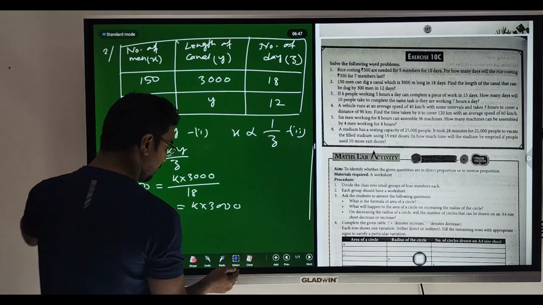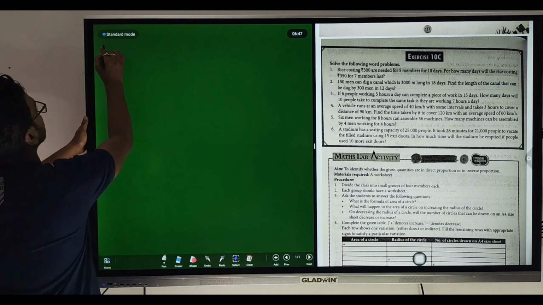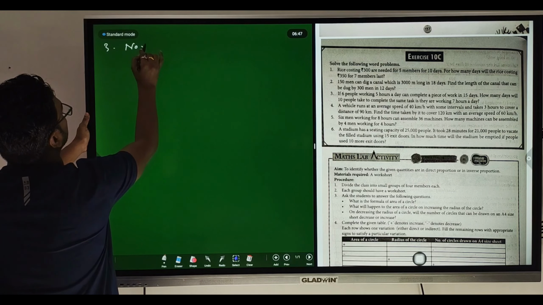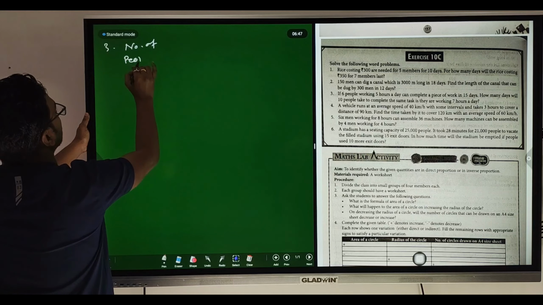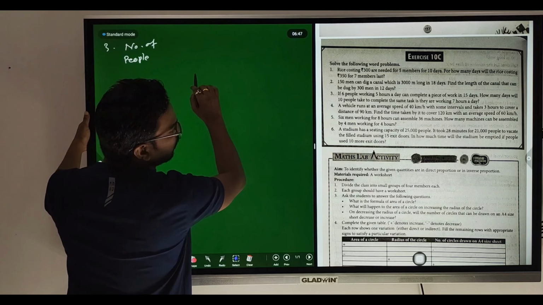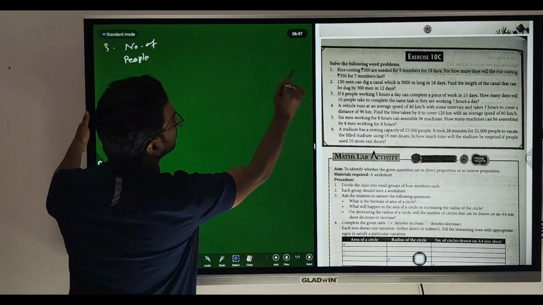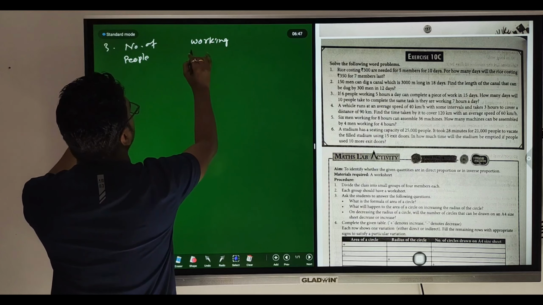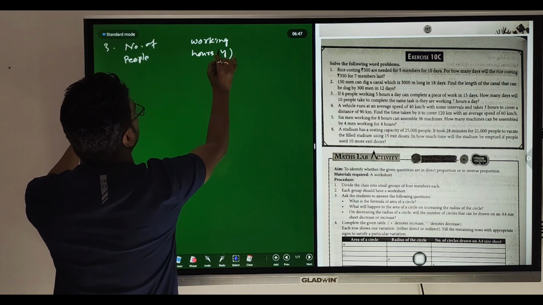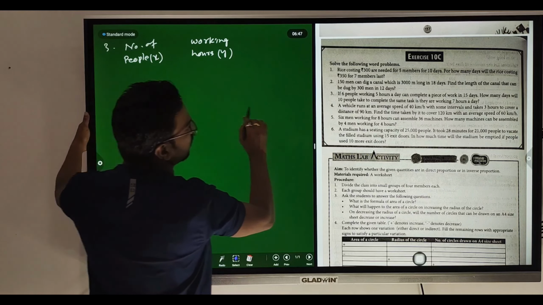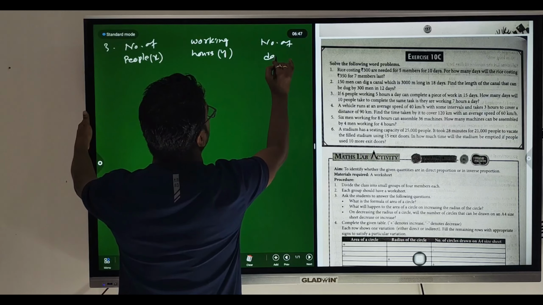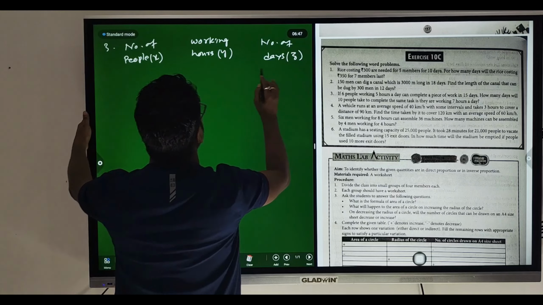If 6 people work, let me write down the number of people, then working hours per day. This is x, this is y, and the number of days will be z.